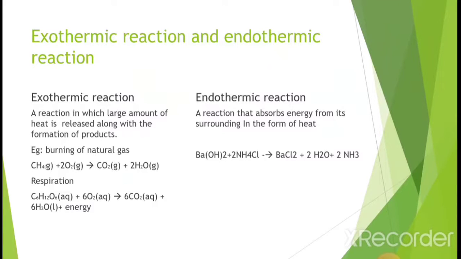That is called an exothermic reaction. In a thermal decomposition reaction, heat is not released, but heat is used to react. So don't be confused. And respiration is a very important equation. You have to learn it thoroughly. That is also one main example of an exothermic reaction.